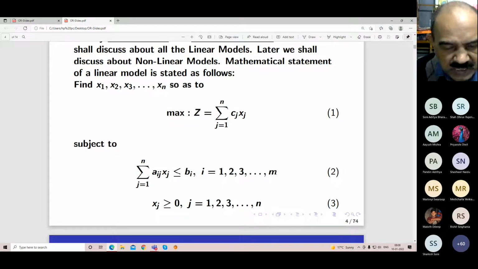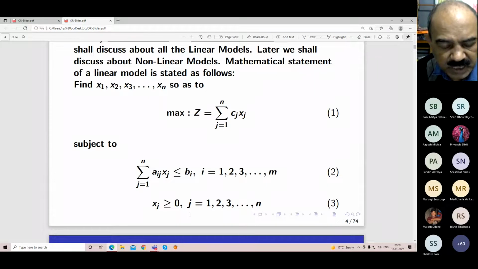And what about the decision variables? These variables x1, x2, xn, generally in a linear programming problem, are non-negative in nature. In some problems, if the decision variables x1, x2 up to xn are either binary or integer, they are a different type of problem, which will also be discussed.